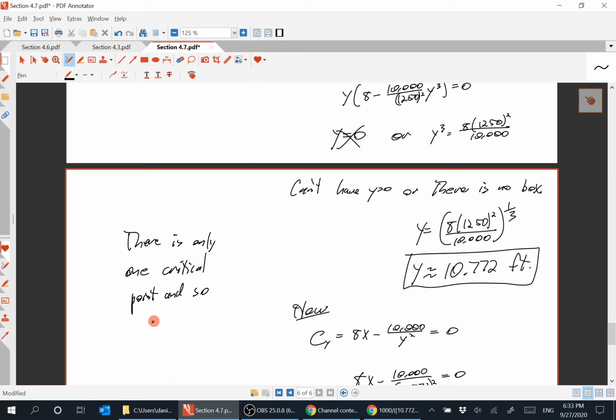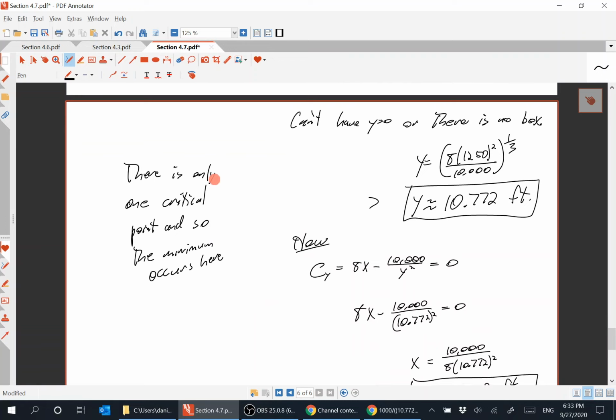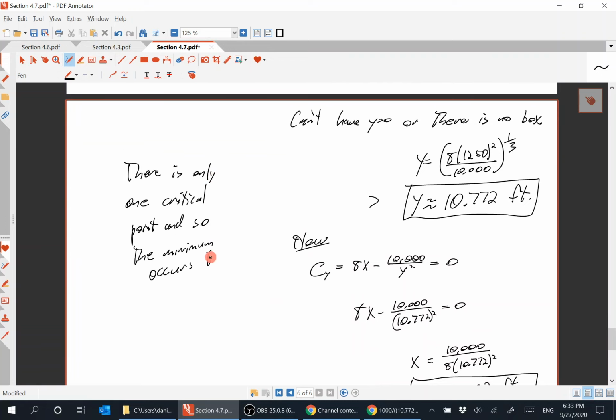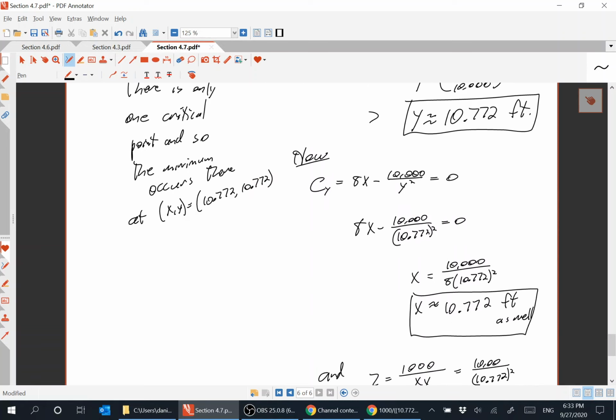There's only one critical point, and so the minimum occurs here at x and y equal to 10.772, 10.772. Now, the final bit of the question is, what is z?